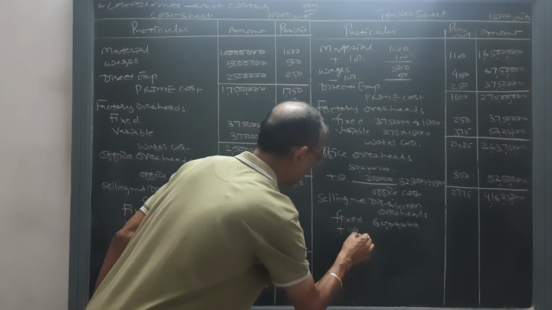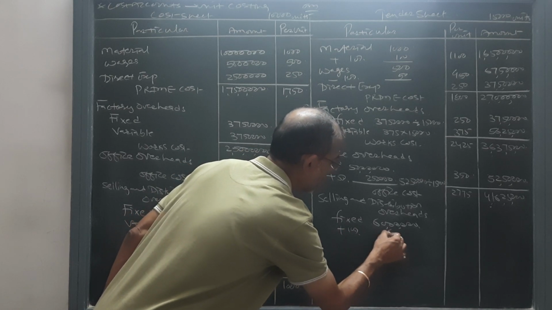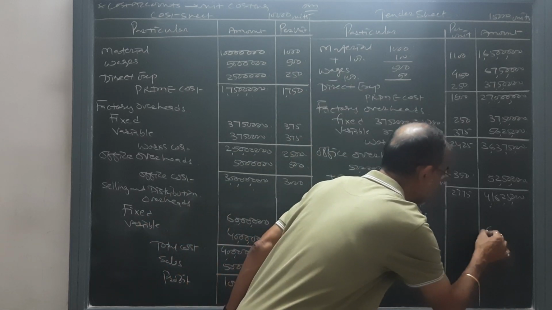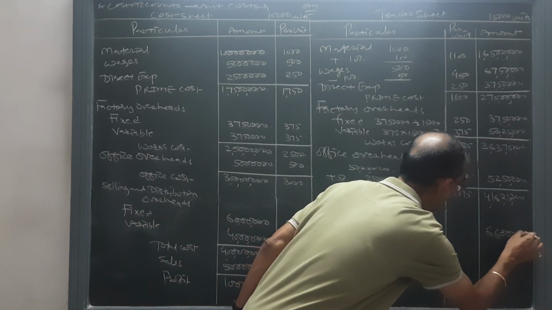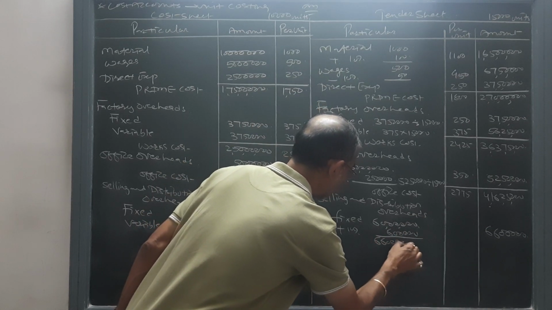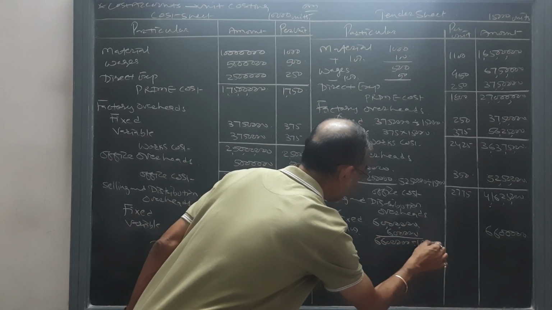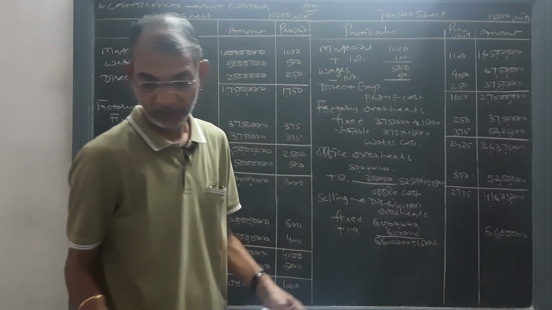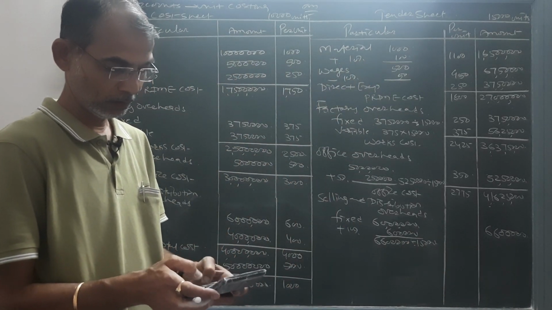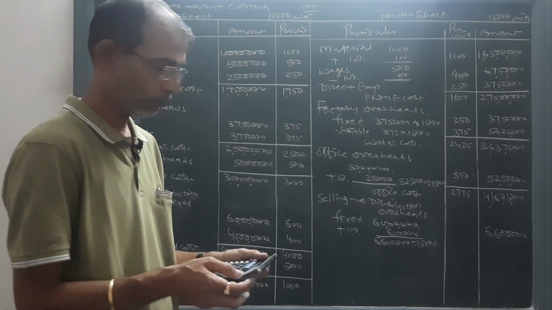Now 10% is to be increased, so that will be 66 lakh. 66 lakh will be divided with 15,000 and we will get the amount per unit as 440.